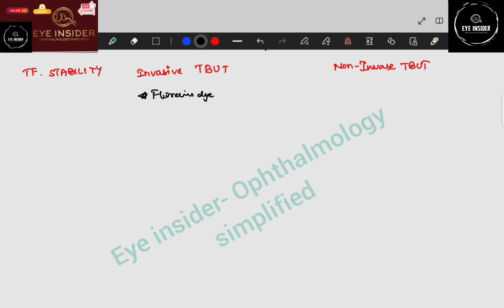It is called invasive because we are using fluorescein dye, something we are putting inside the eye. After that, we ask the patient to blink and we measure the time to develop a dry spot. And there is no anesthetic applied. We usually repeat it 3 times to take an average reading.